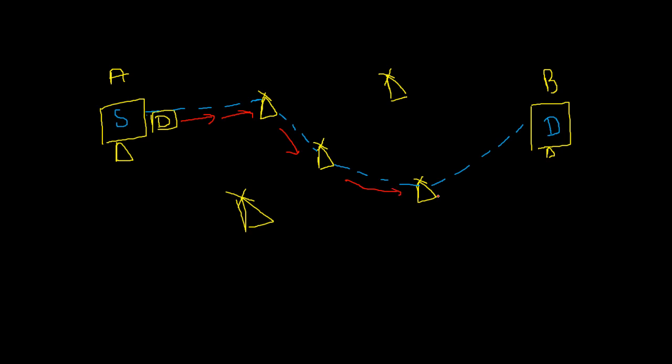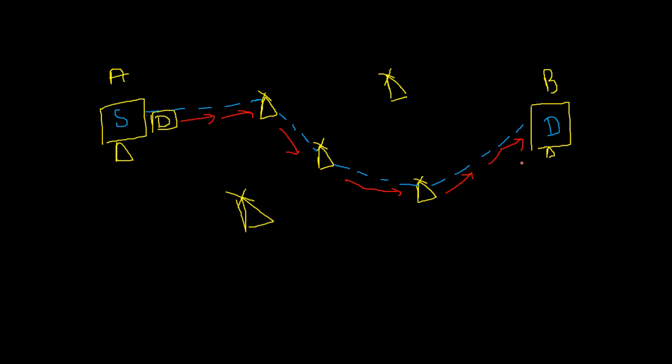Okay, so in this way the data reaches from the source computer to the destination computer. Okay, so this is basically the concept behind circuit switching. So in circuit switching, first a particular path is reserved from the source computer to the destination computer, and when the path is set, then the data is transmitted from the source computer to the destination computer.